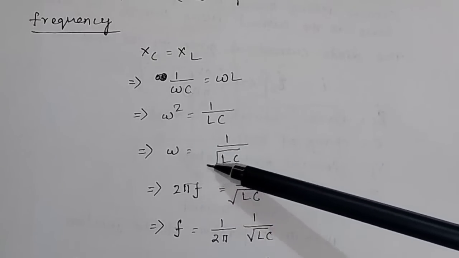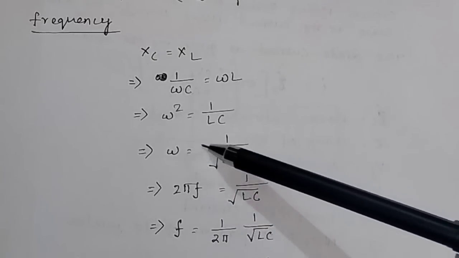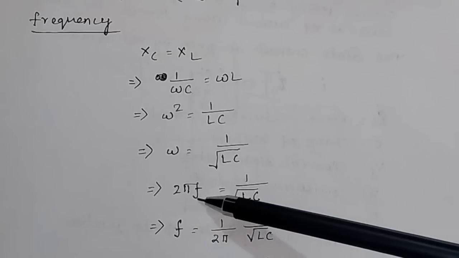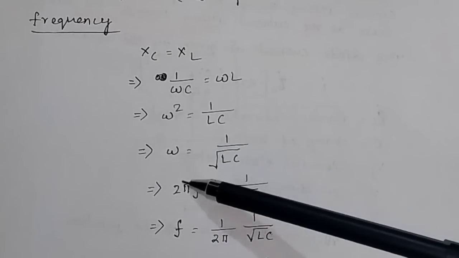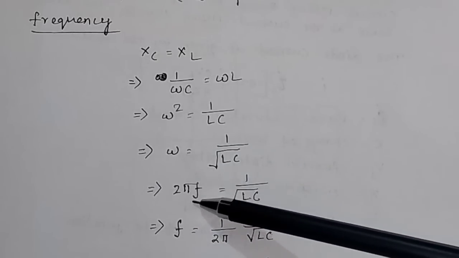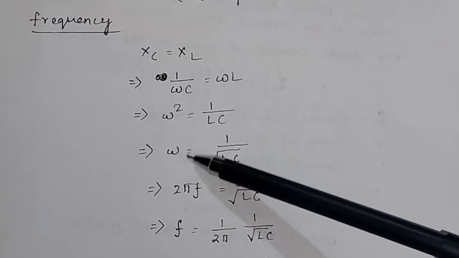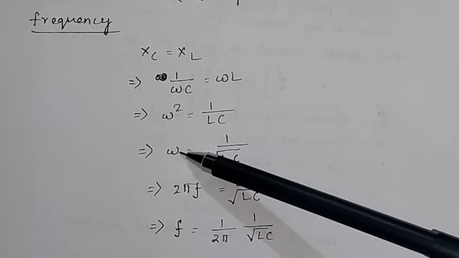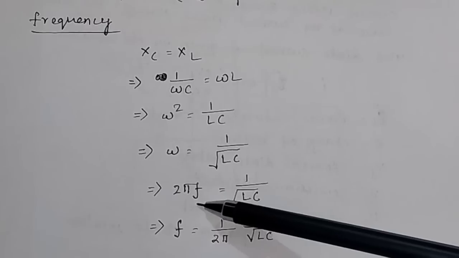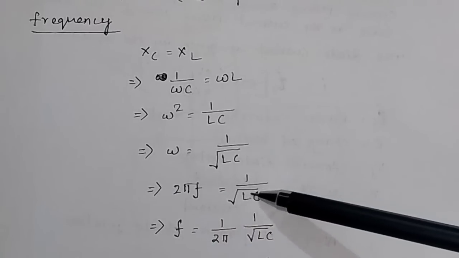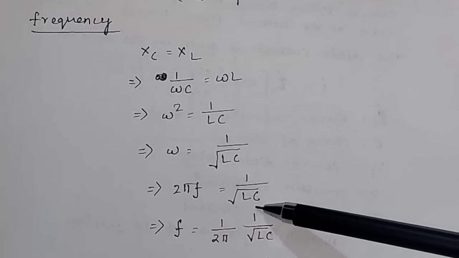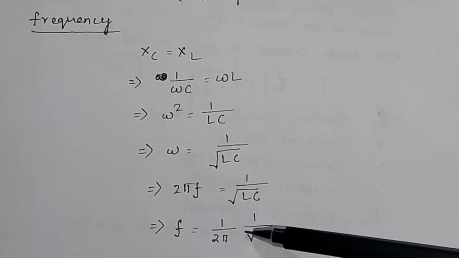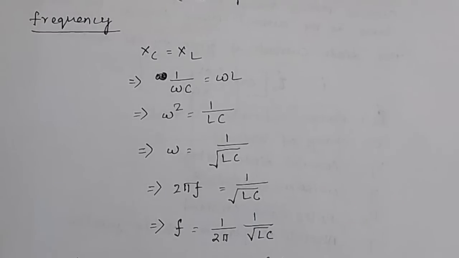So omega will be equal to 1 by square root of LC, and omega is equal to twice pi f. Omega is the angular frequency and f is the linear frequency. The relation between angular frequency and linear frequency is omega is equal to twice pi f. So twice pi f will be equal to 1 by square root of LC. So f will be equal to 1 by twice pi square root of LC.